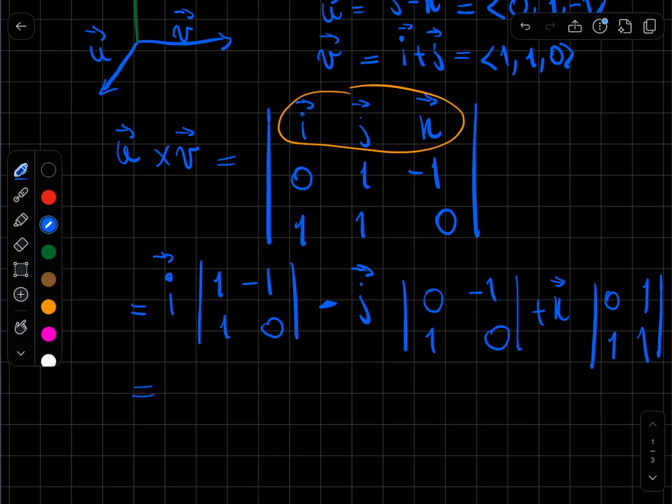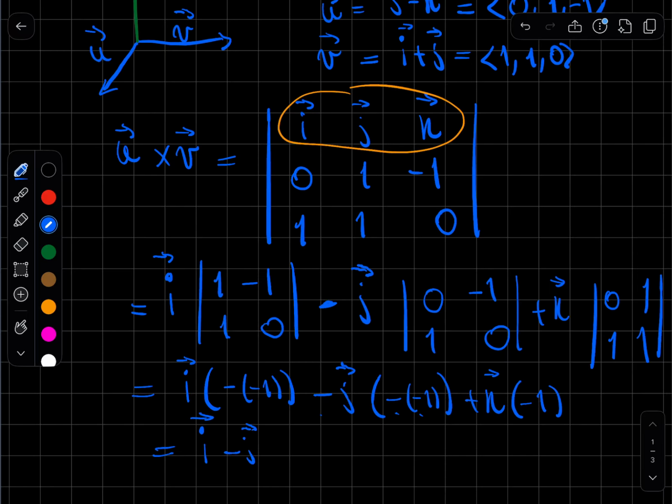It seems like I am. So this is i times minus 1, right? 0. Minus j times minus 1 again. And plus k times minus 1. So this will be i. So it's 3 minuses there, so minus j. And then minus k. And so that will be the vector 1, negative 1, 1. So that is the answer to the problem.